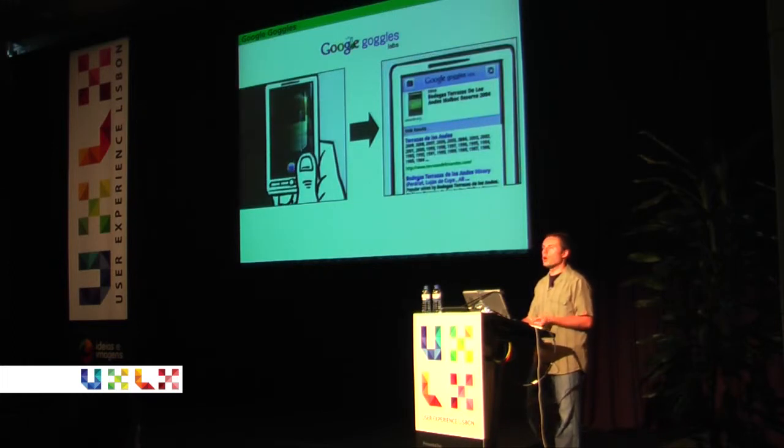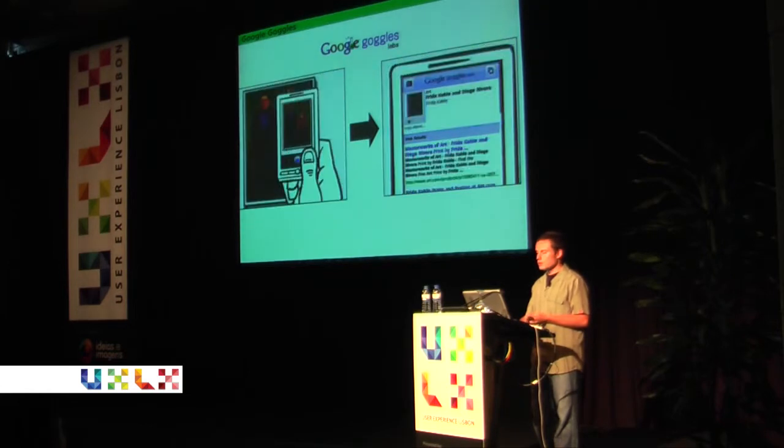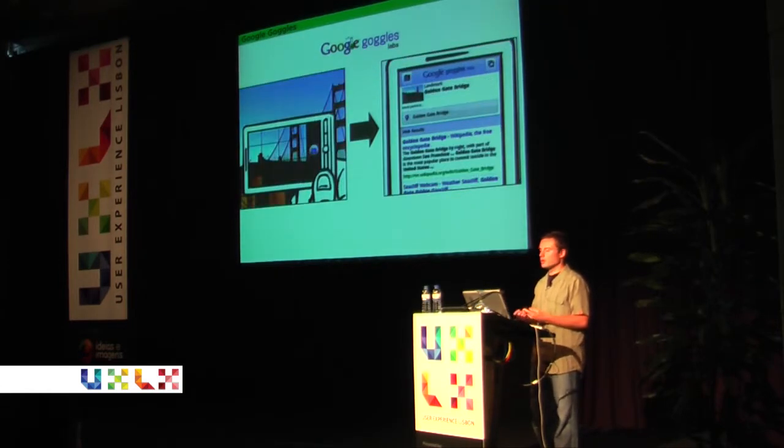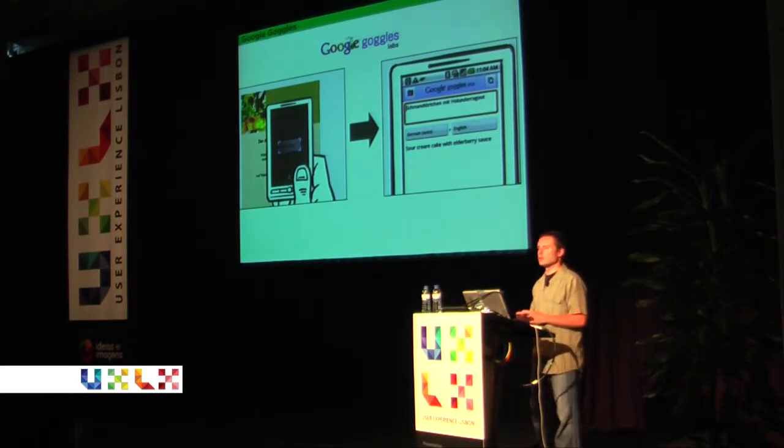You can point it at a wine label and get information about that. You can point it at a business card, and it'll scan the text and enter it into your phone. You can point it at a work of art, and it'll identify it for you. You can point it at a landmark, and using your location and the imagery, it'll identify it for you. You can point it at a foreign language. They just announced this, and it'll translate it for you.